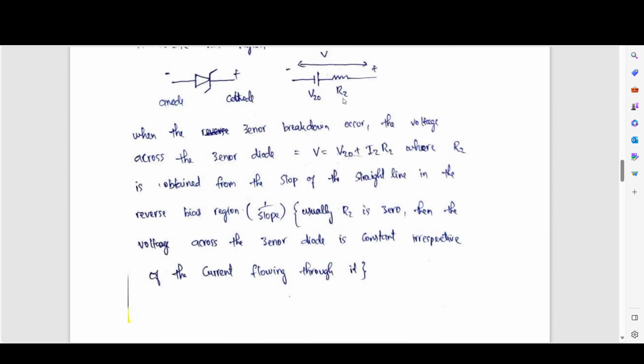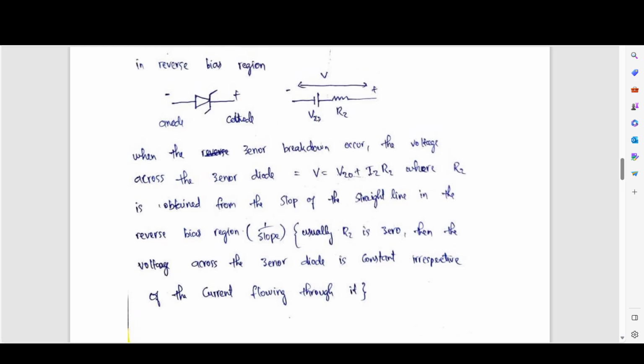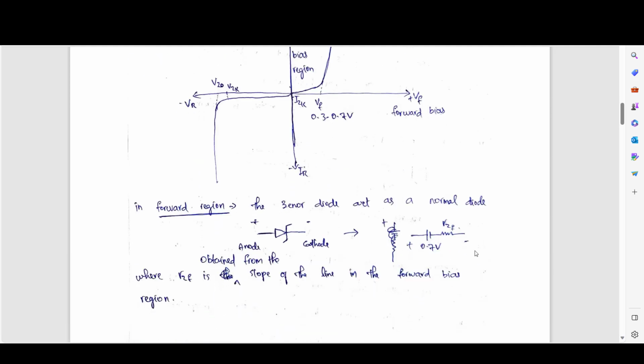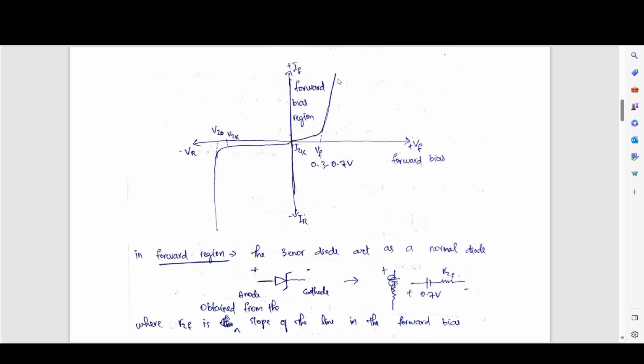When Zener breakdown occurs, the voltage across the Zener diode equals VZ0 plus IZ into RZ, where RZ is obtained from the slope of the straight line in the reverse bias region. That means this line, and the resistance mentioned here is obtained from this slope.